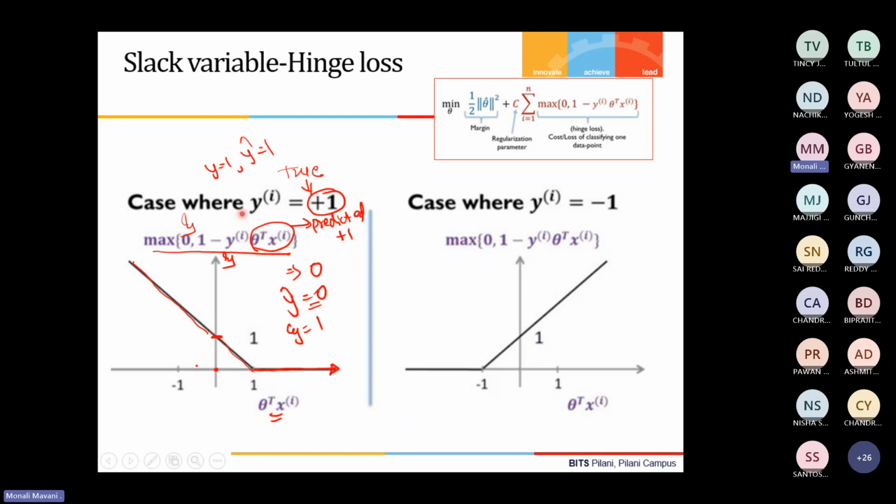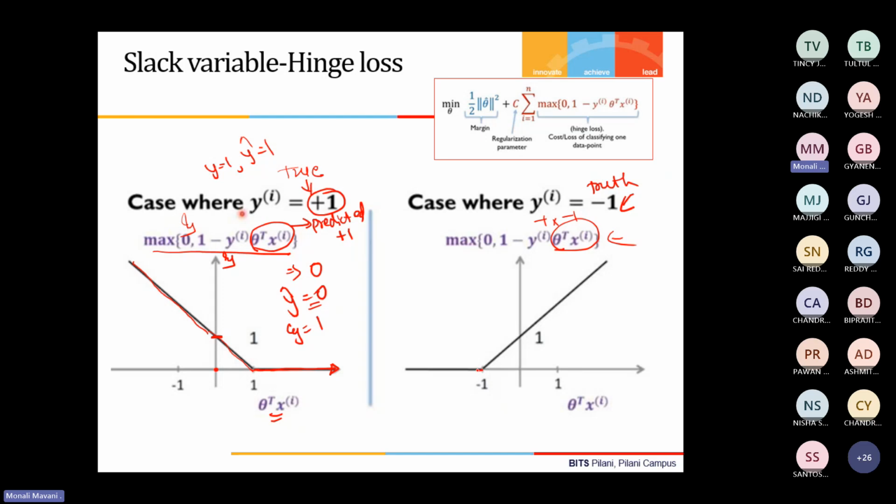The same argument you can see for the negative class. When the ground truth class is -1, plug in different values of theta transpose x. When ground truth is -1 and theta transpose x is also -1, -1 into -1 will be +1, and 1 minus 1 is 0.